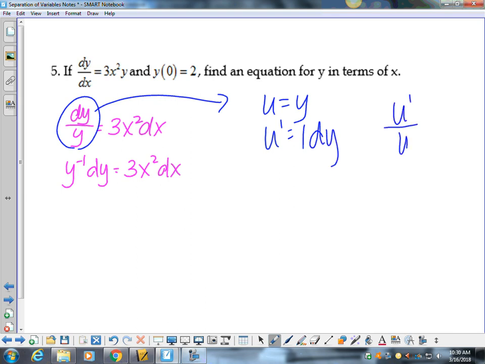And what was that one? ln of u. So this is ln of y, right? Because my u is y, plus c. And then 3, so 1x cubed plus c.